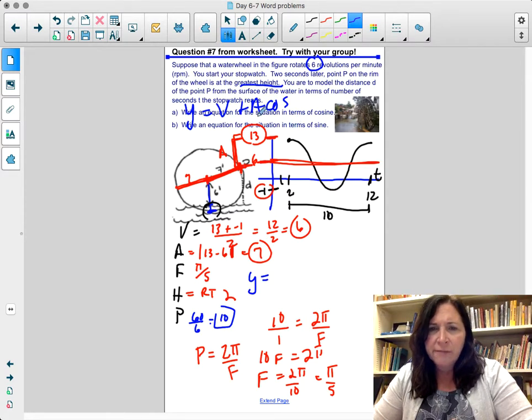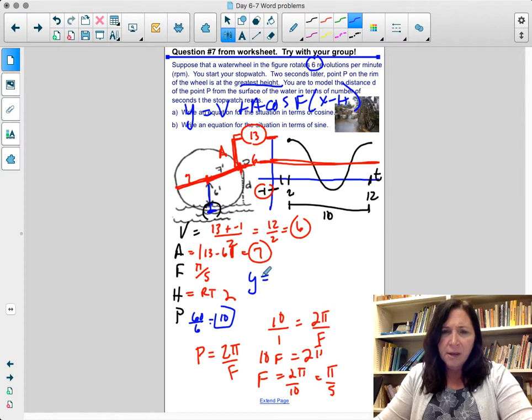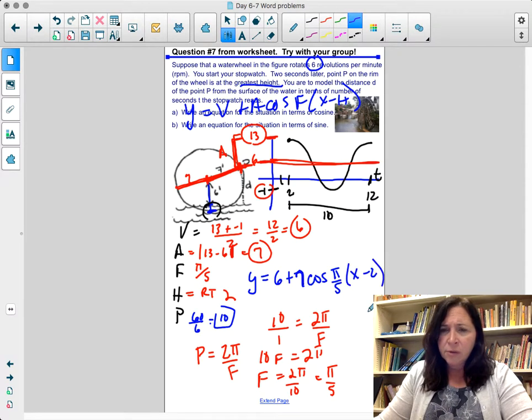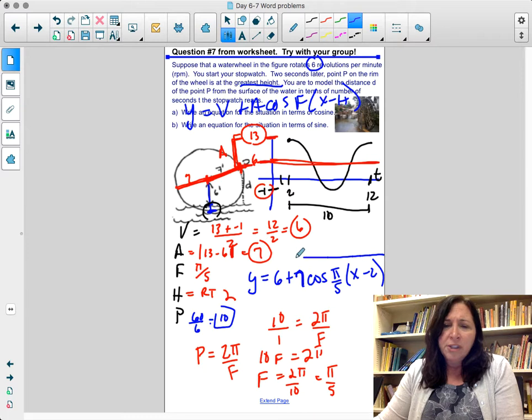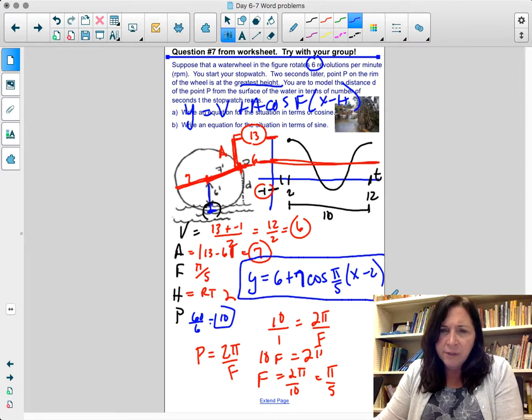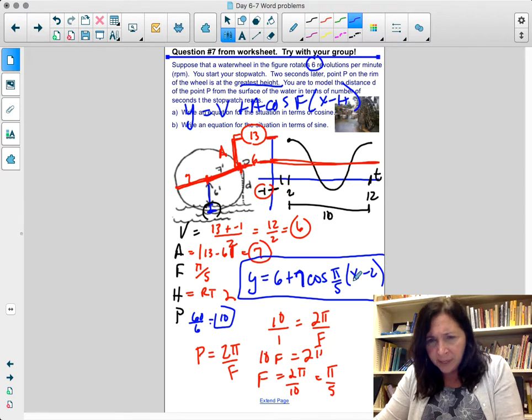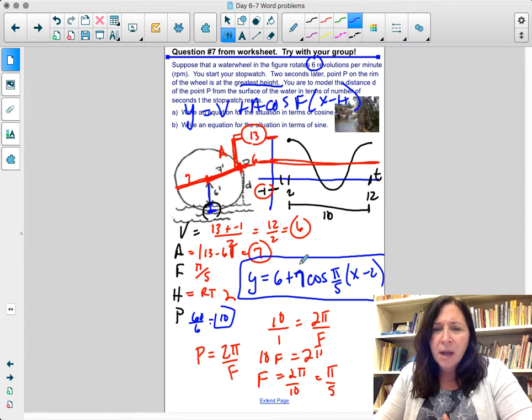So vertical shift plus amplitude cosine frequency, x minus h. That's the form I'm putting it in. So vertical shift is 6 plus 7 cosine, frequency pi over 5, times the quantity x minus 2. And again, they want you to make this as a function of time, so that would be t right here.